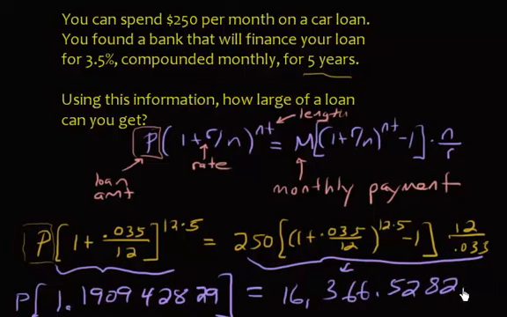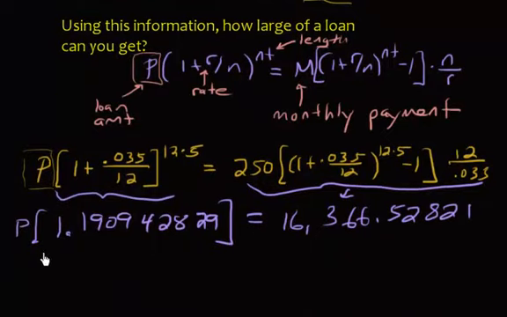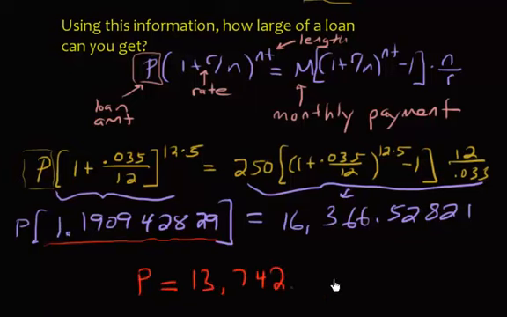Actually, I'm not going to round to 2 decimals. But all I want to do now is solve for P. So I'm going to divide both sides by this number. I'm going to get P equals $13,742, and I guess we can round to 50 cents.